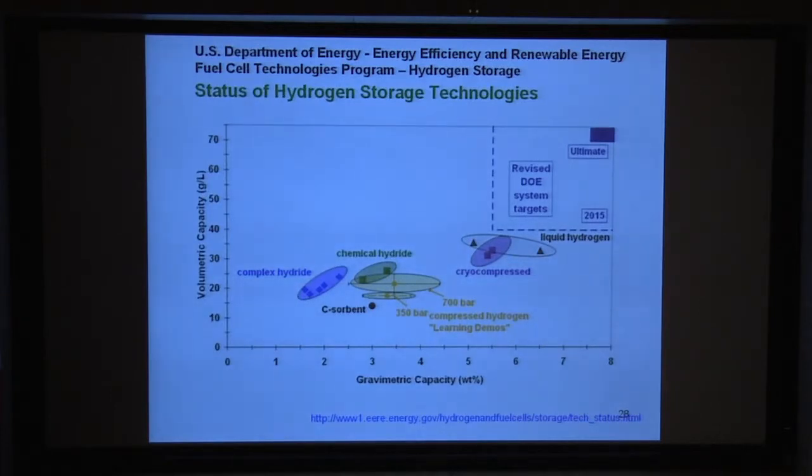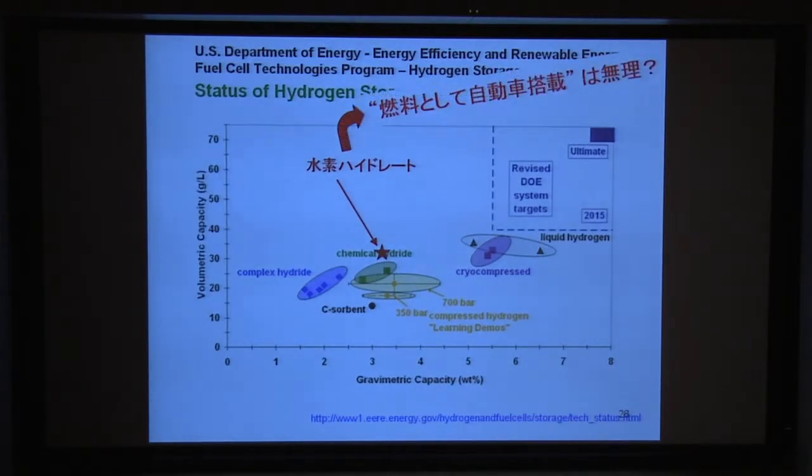Currently, several technologies are shown on this chart and where they stand. And this is where the hydrate stands, around here. Ideally, to be on target, it should be around here. Well, this is my personal opinion, but perhaps it might not be possible for onboard fuel.